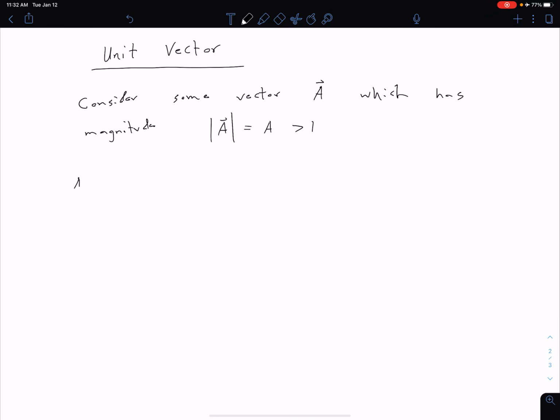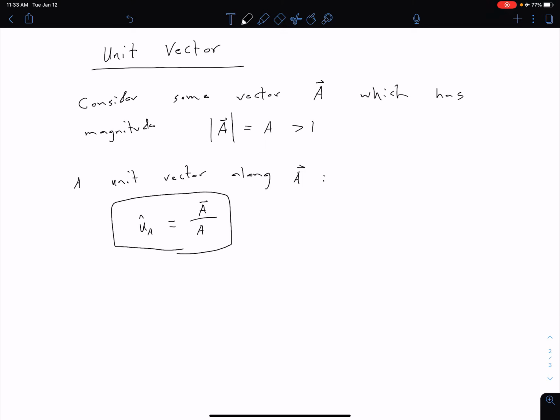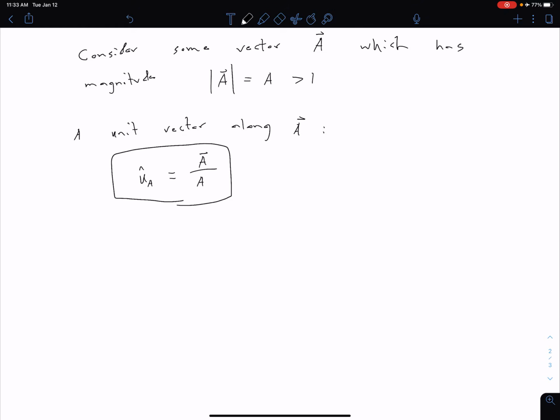So if we want to define something called a unit vector along A, we can define that as U sub A with a little caret on our U, is equal to the vector A divided by the magnitude of A. And it's that simple. By design, we can notice that the magnitude of our unit vector is equal to 1.